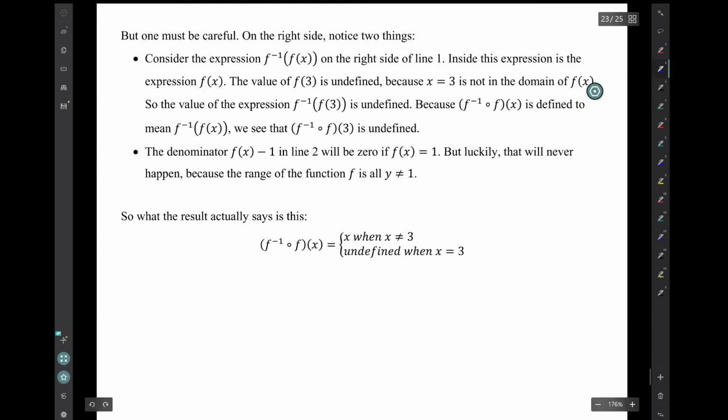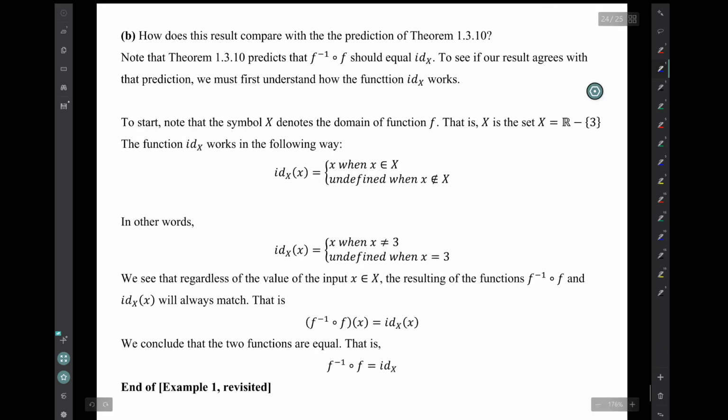So the way that f inverse composed with f works is that f inverse composed with f of x is always equal to x when x is not equal to 3, but it's undefined when x equals 3. Now, how does that result compare with the prediction of that theorem?